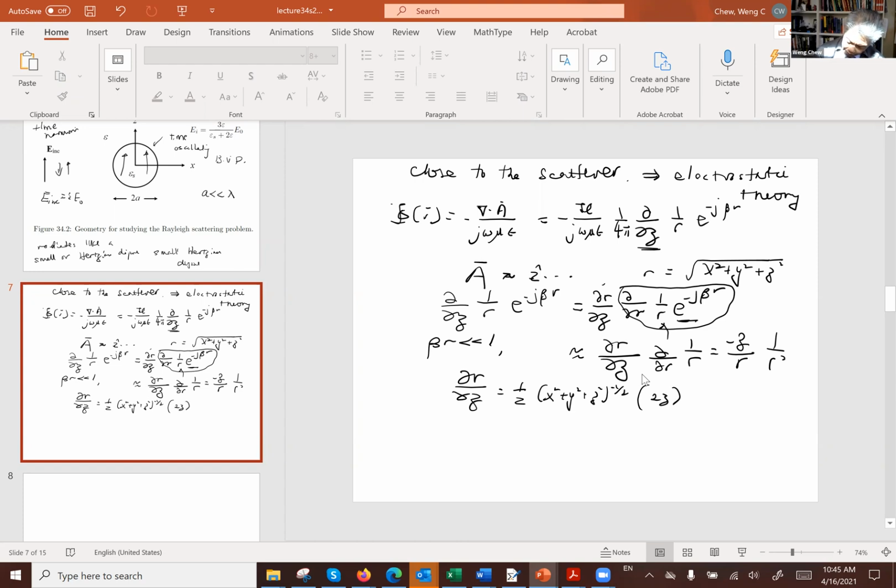The 2 cancels, so you get z over R. You can easily show that partial R over partial z is z over R. That's why you have this prefactor over here. But z over R is just equal to cosine theta, because in the spherical coordinate system, z is R cosine theta.